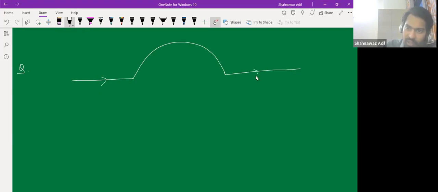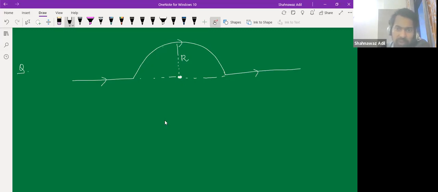So this is the wire. The current is flowing like this, and we want to calculate the magnetic field at this point. Right, this is the center. So this is R, and we want to calculate the magnetic field at this point.